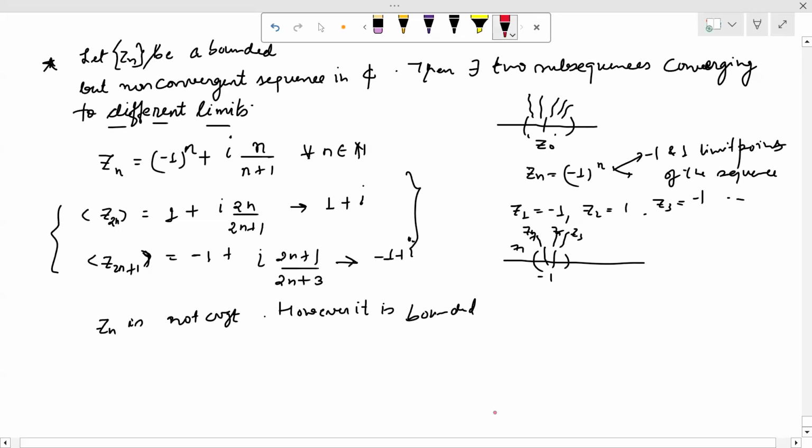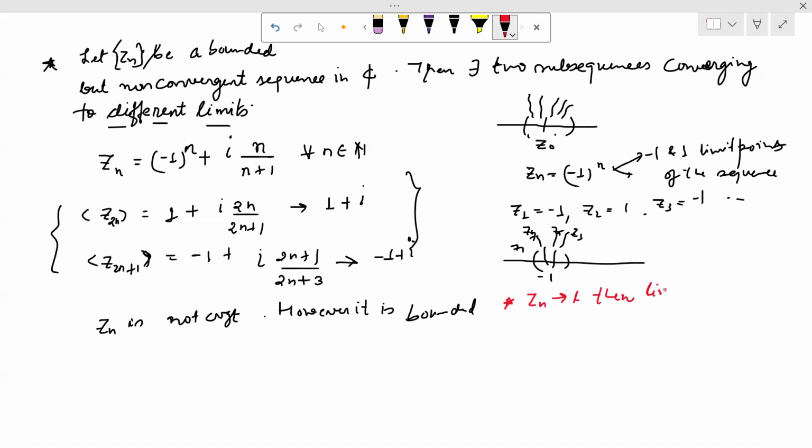Now one important thing I'm writing here, most often people get confused. Always remember that if zn converges towards L, then L is the limit, and it is a limit point also.